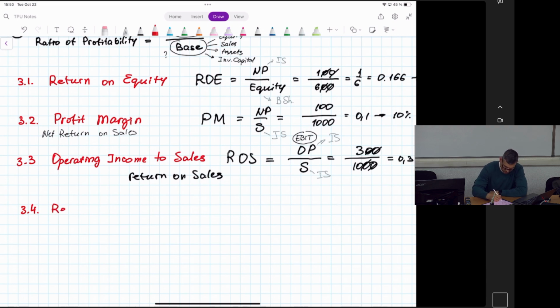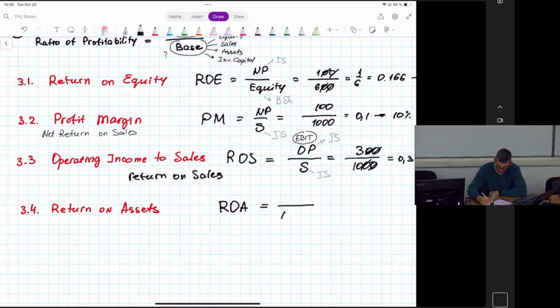Return on assets. We will call it ROA. ROA. Return on assets. Well, guess. What should be the formula? What should be the base in this formula? Nikita, what do you think should be the base under?